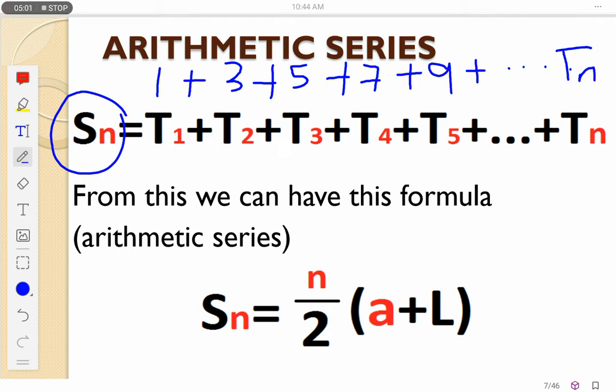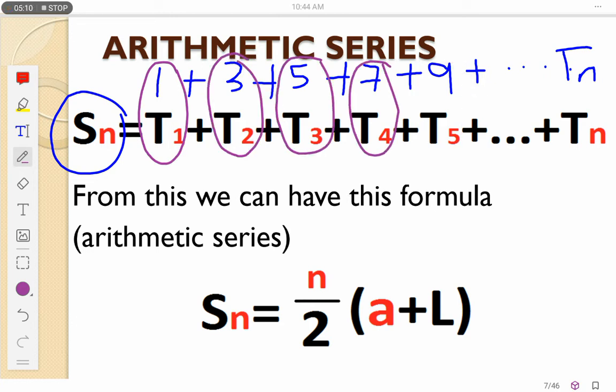Here I'm just writing this, matching these terms explained here. Now with those terms we can derive a formula. We can derive a formula for an arithmetic series when we know the last term of our series. So if we know the value of this term, let's say it's 110, we can use a formula.